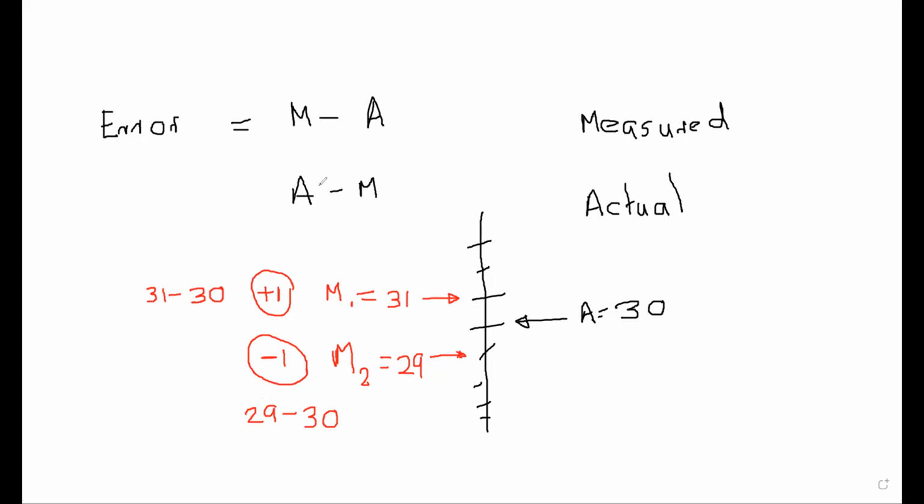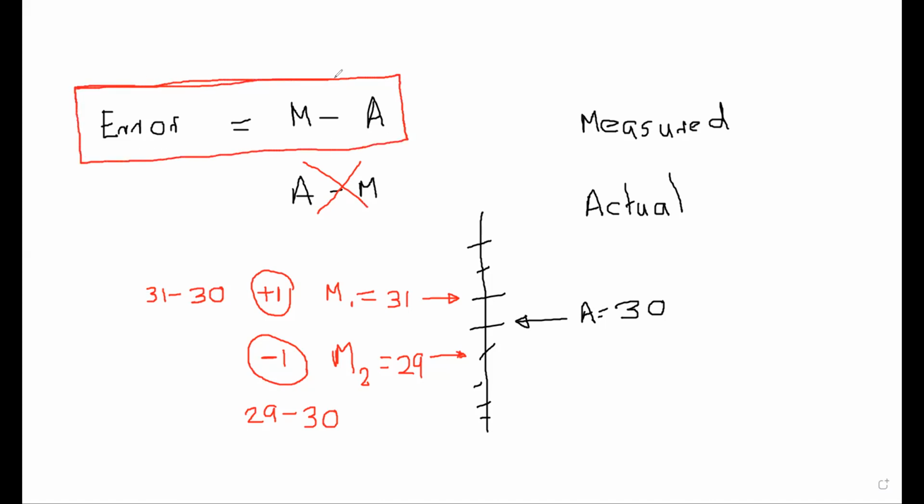Therefore, remember, for any measurement, the equation for the error is measured minus actual. Error is always measured minus actual. So it will end up with a sign, and that is okay. Like in this one, one group is +1, one group is -1. The error can be plus or minus. You can be above or below. Sometimes you measure above the expected, sometimes below the expected.